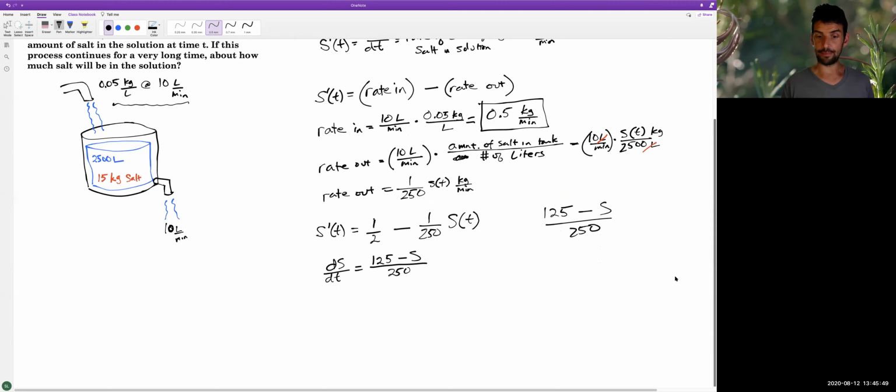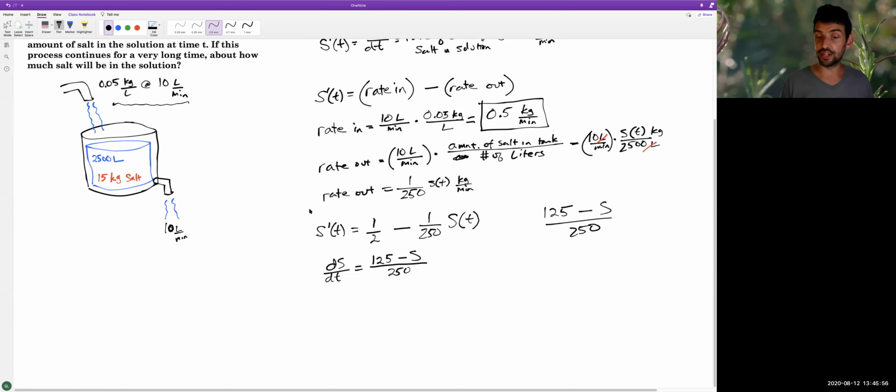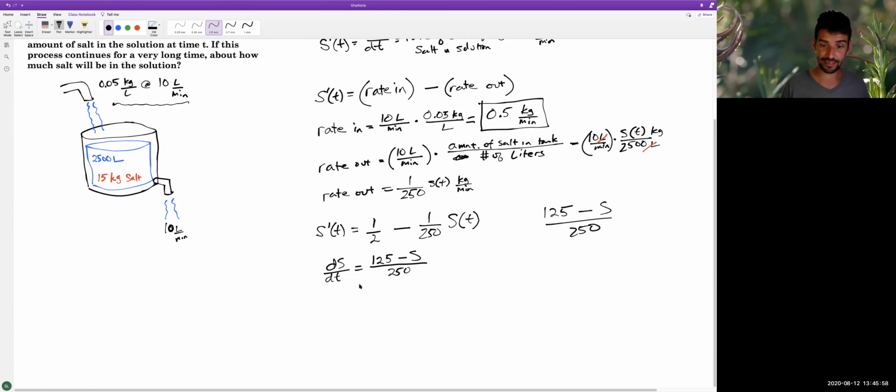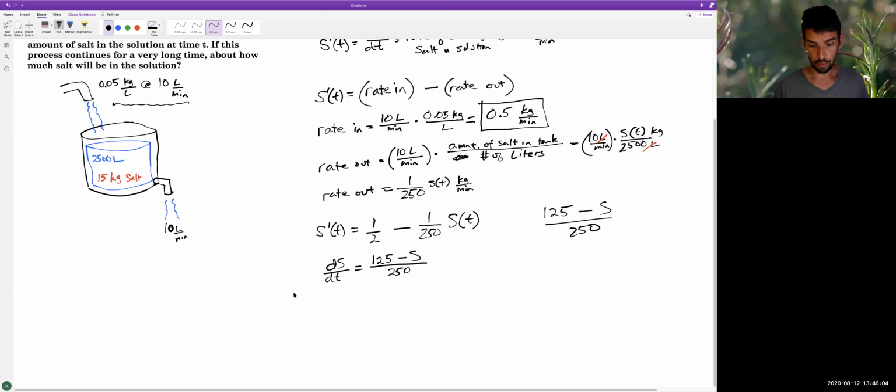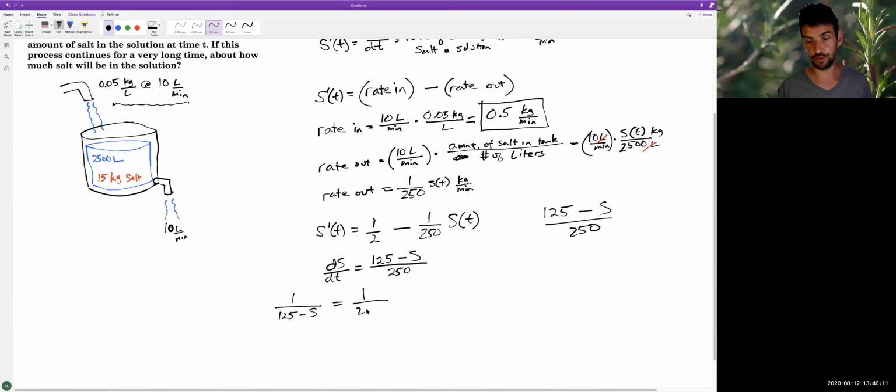So now what happens? I've got a separable equation, right? I can think of this in a multitude of ways. I think the easiest way is going to be to do the following. Take 1 over 125 minus S to the other side and leave 1 over 250.